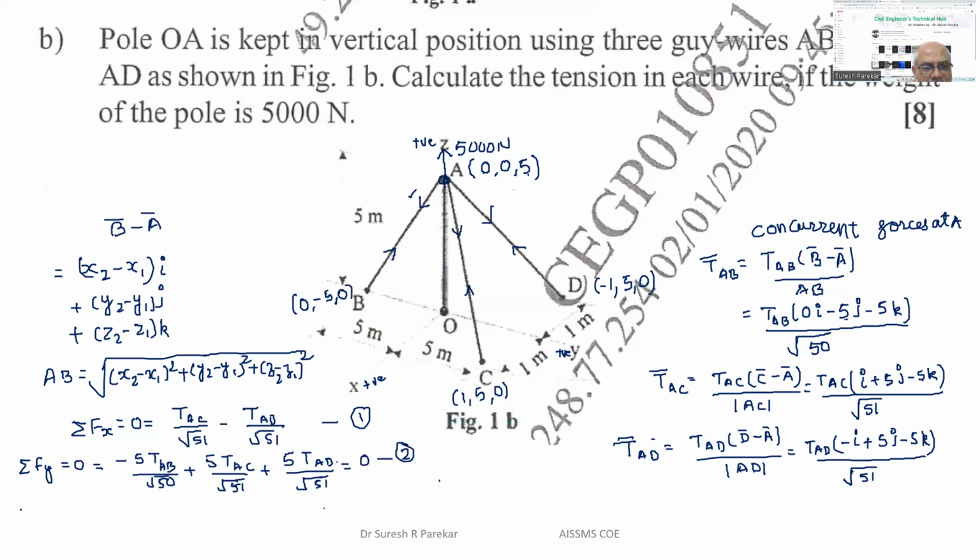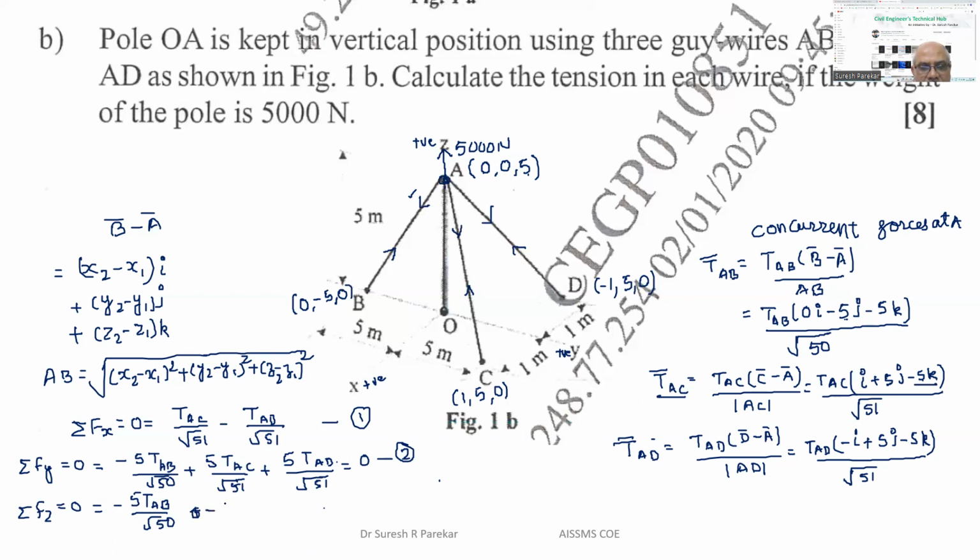And then I have summation Fz equal to 0, and then we have in Z direction, first is same, minus 5 TAB upon root 50. Then we have minus, because for TAC we have this value minus 5K.